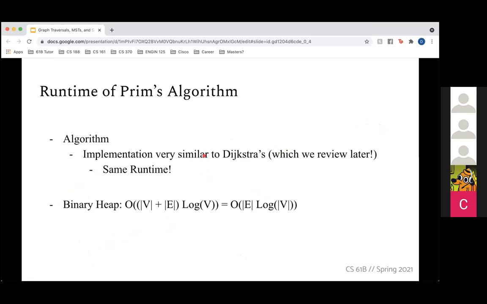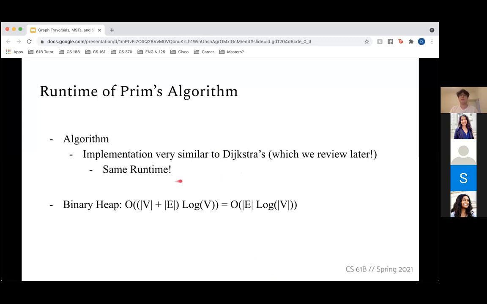Okay, so we're going to be moving on to then the runtime of Prim's algorithm. As we mentioned a little bit before, Prim's algorithm is very similar to Dijkstra's. We'll review it a little bit later, but essentially Prim's algorithm is going to have the same runtime as Dijkstra's.